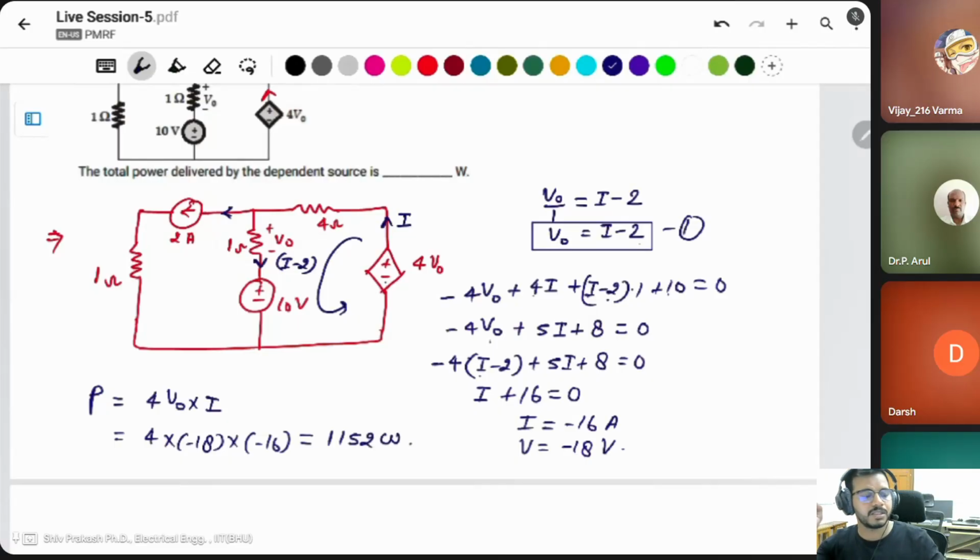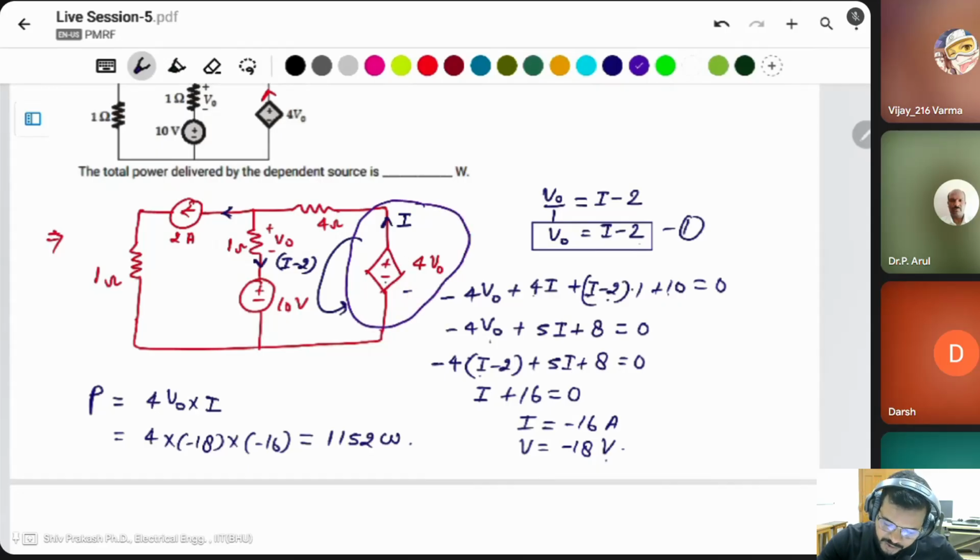Sir, here the current is entering from minus, no, sir? Yes, both are reverse. Voltage and current both are reverse in this condition. This voltage source is also reverse because of the minus 18.